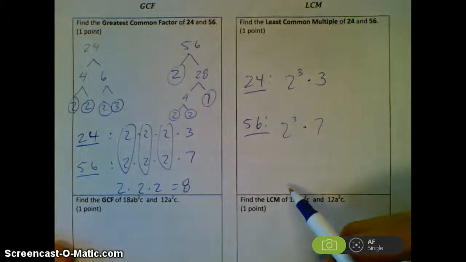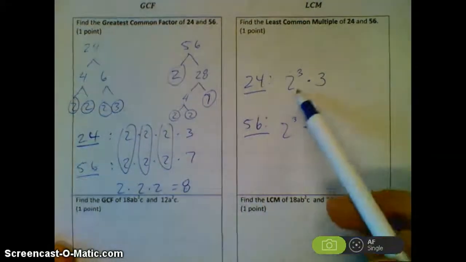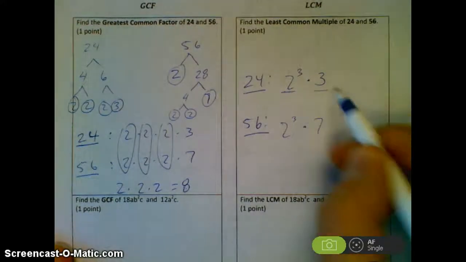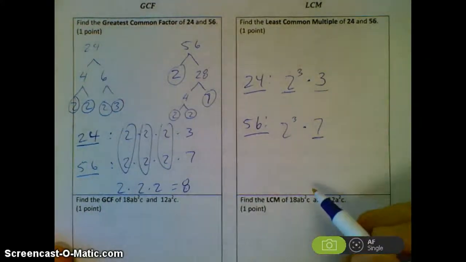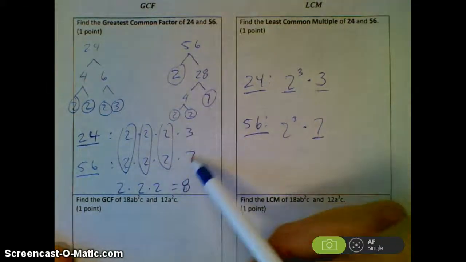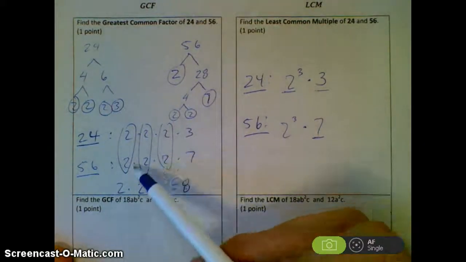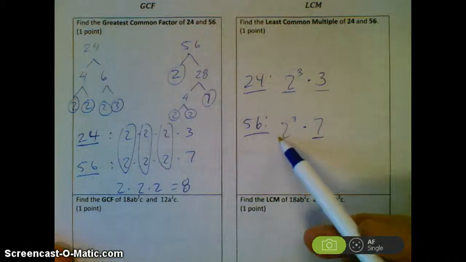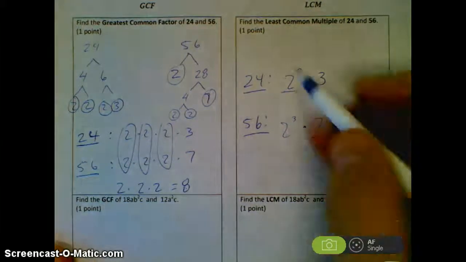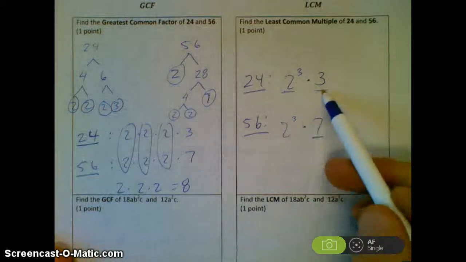In this one, I have to use every factor. I have to use 2, I have to use 3, and I have to use 7. In greatest common factor, I didn't use all the factors. I only used factors that were shared. But in least common multiple, I have to use all factors. And I take the greatest power of every factor.